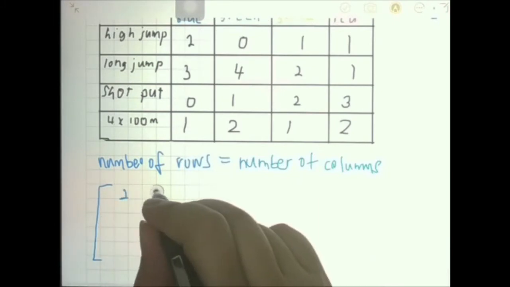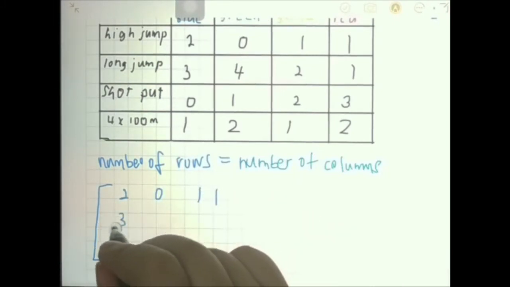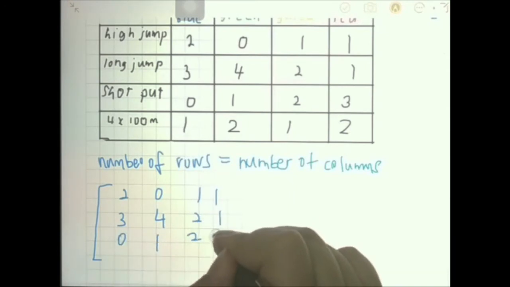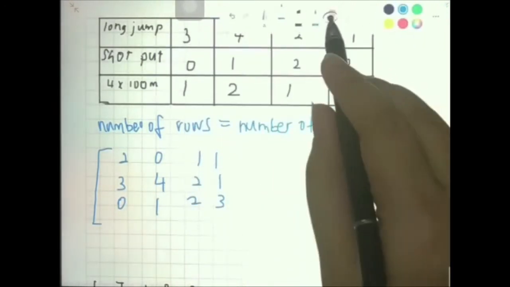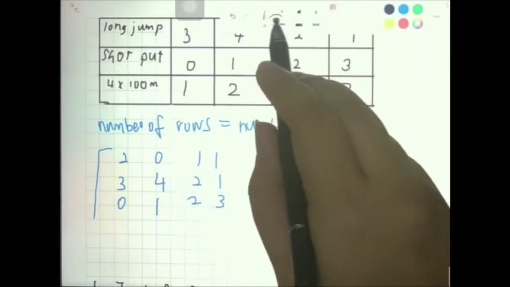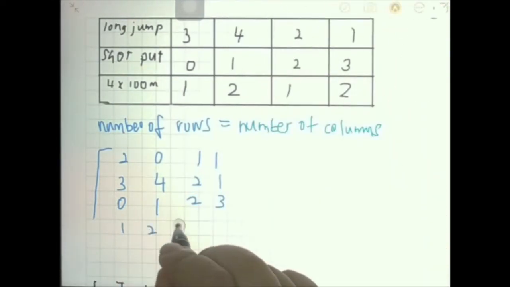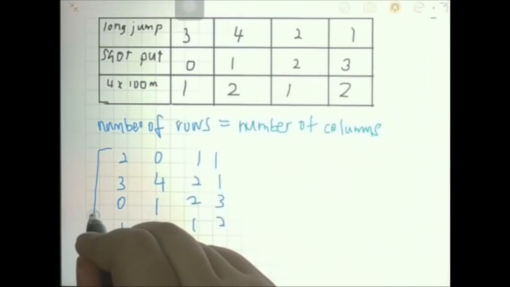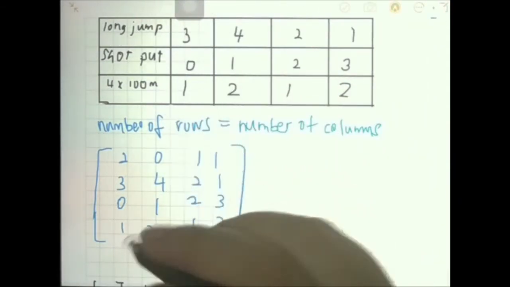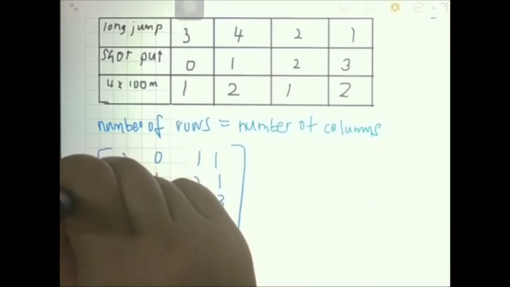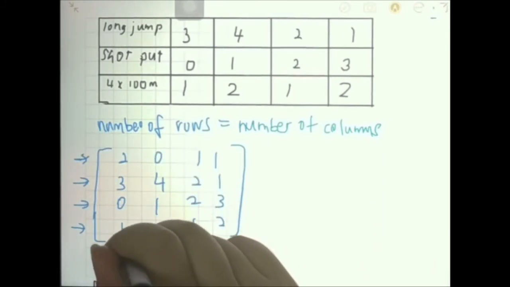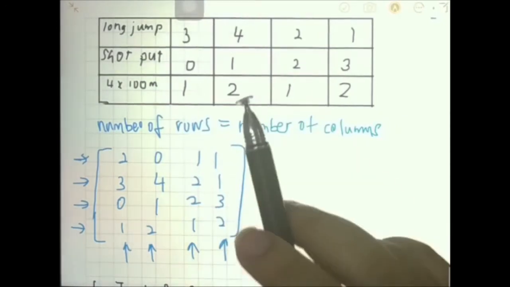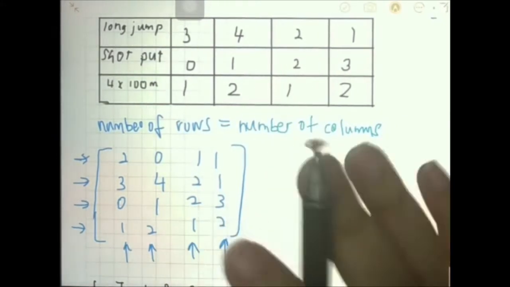There you go: 2, 0, 1, 1, 3, 4, 2, 1, 0, 1, 2, 3. So you see here, the number of rows is the same as the number of columns.